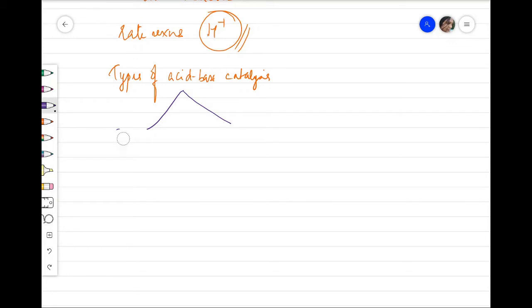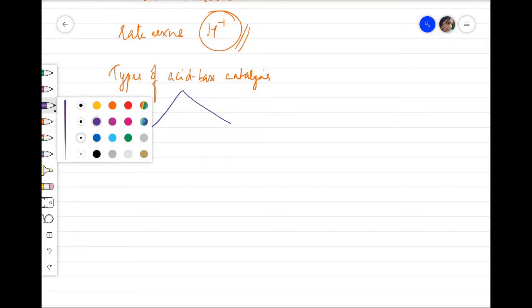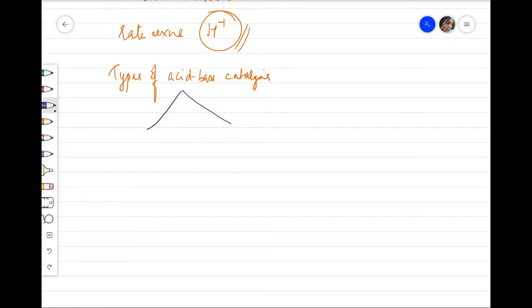Sorry, my pen seems to have an issue today. So we have specific and we have general acid base catalysis. General and specific are each further divided into three types.